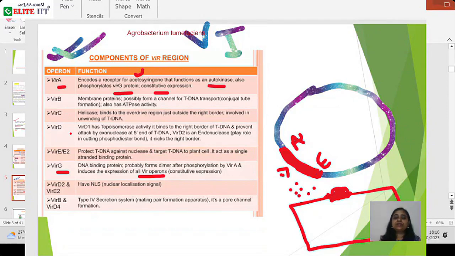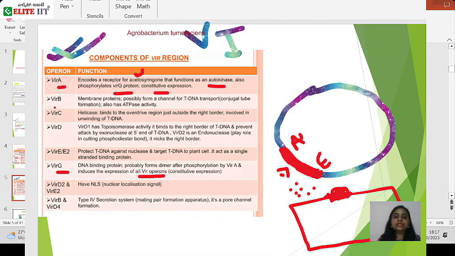How it is happening, from another picture it will be clear. But after the discussion of those pictures or schematic diagrams, you have to come back to this table, because in this table the functions of all the vir genes are properly written. Okay, I'm just reading it. I know after reading you can't understand what is going on, but I'm reading it.